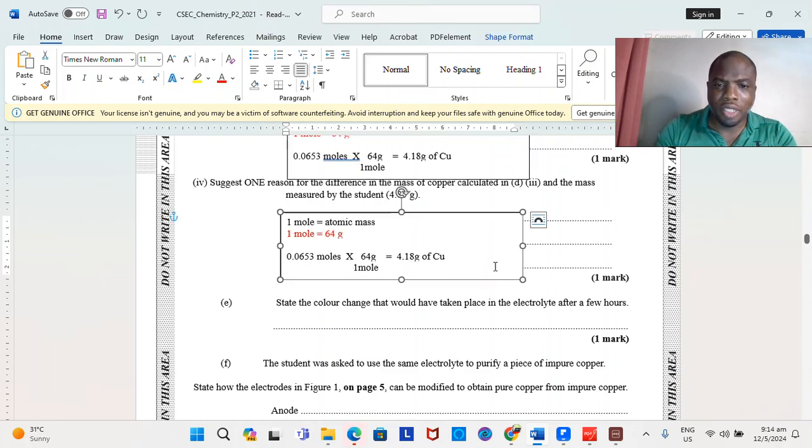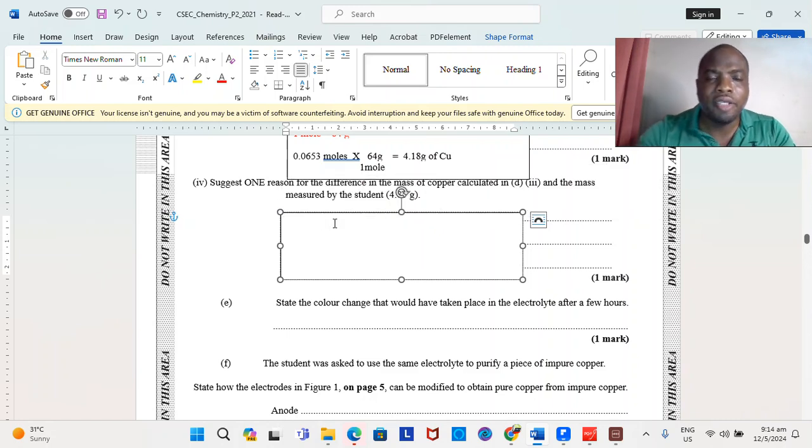Now, when you're doing the electrolysis, as you note, the electrodes are in the electrolyte. They're in that solution.